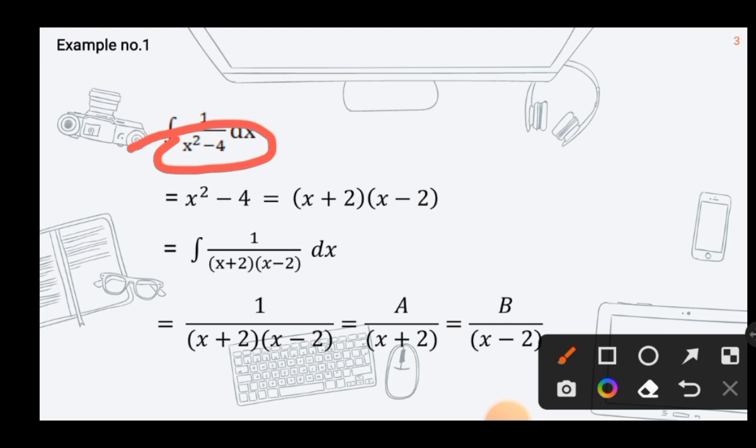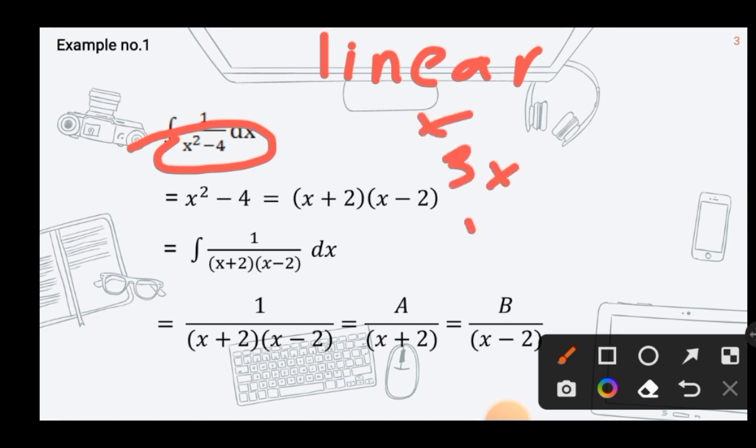If we are familiar with linear and quadratic functions, examples of linear factors will be x, 3x, x plus 4, and 4x minus 5.